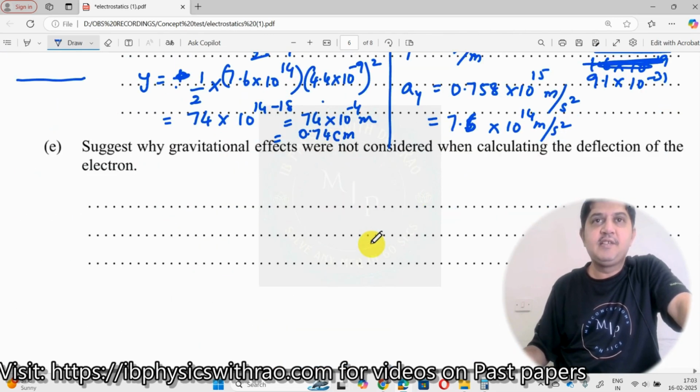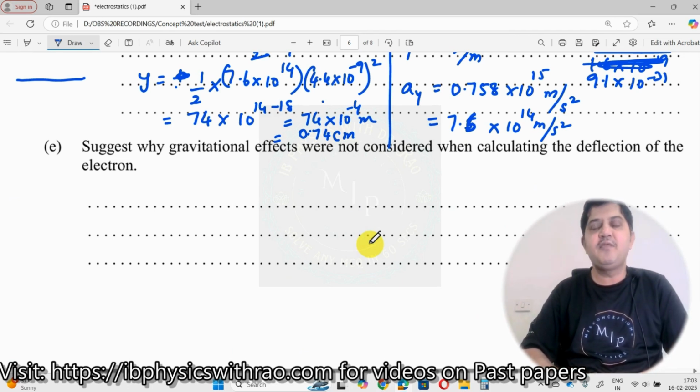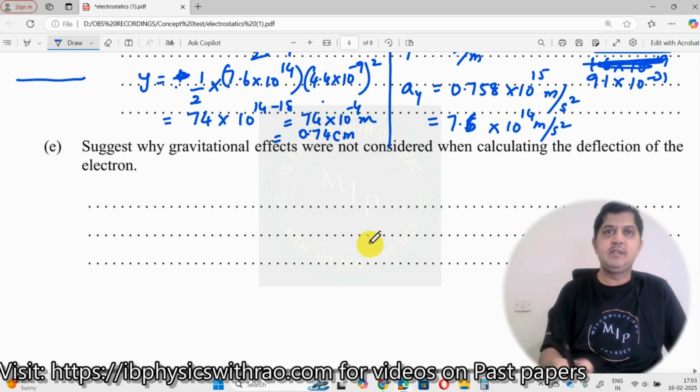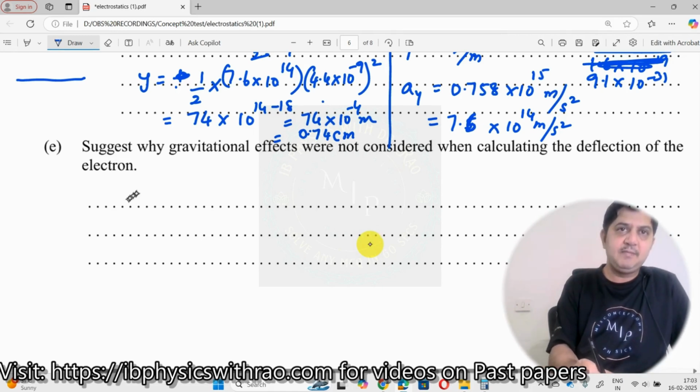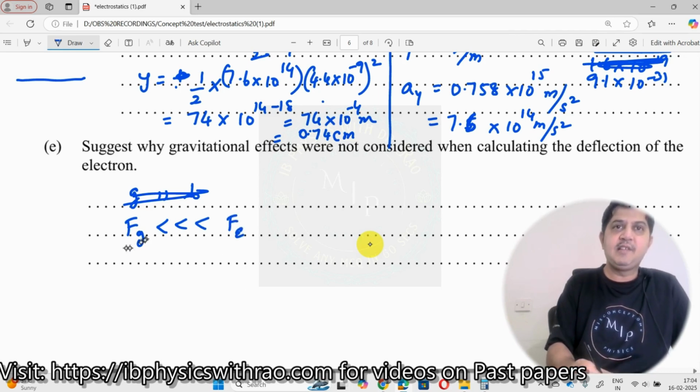You have done all this. Suggest why gravitational effects are not considered when calculating the deflection of the electron. Why did we not consider the gravitational effect? Very simple. Gravitational force is much lesser than the electric force, right? So what is the value of gravitational force?